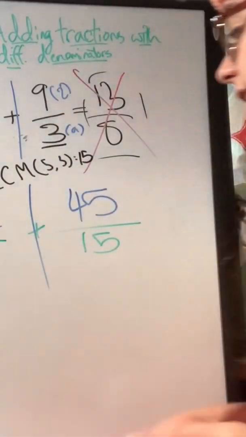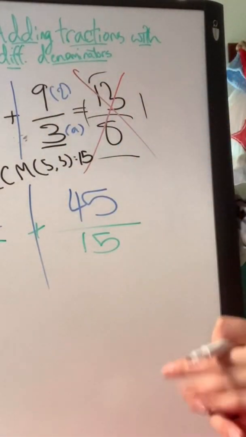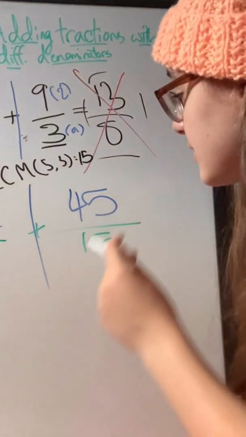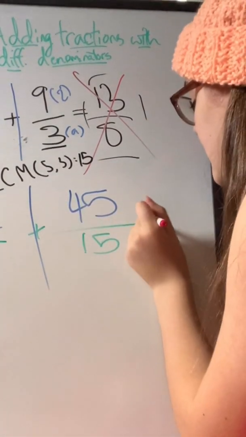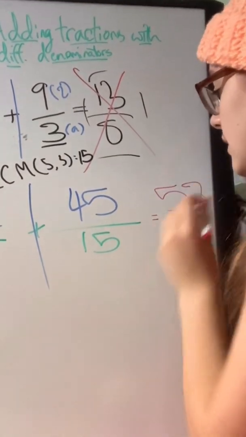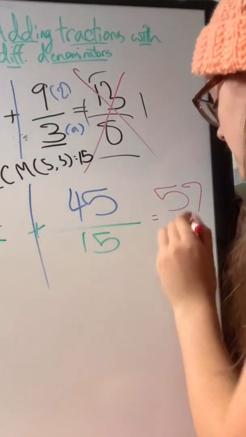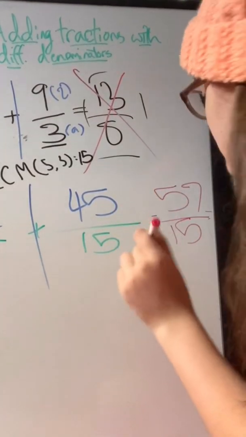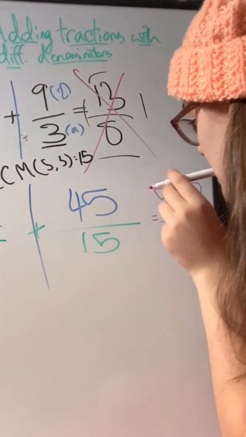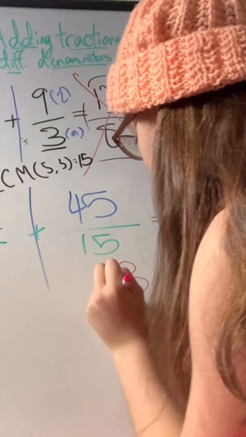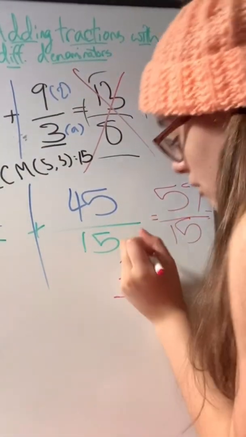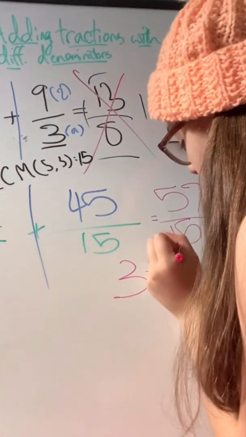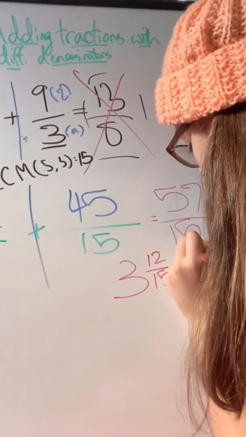Now, we just have the same denominator, so we do same denominator addition. 12 plus 45 is 57, and 15 is the same, so we get 57 15ths, or 3 and 12 15ths, or 3 and 4/5.